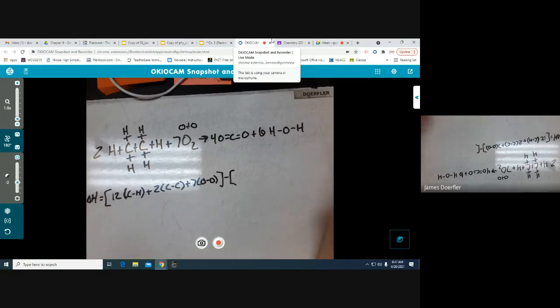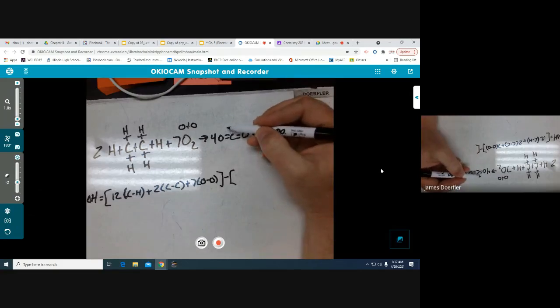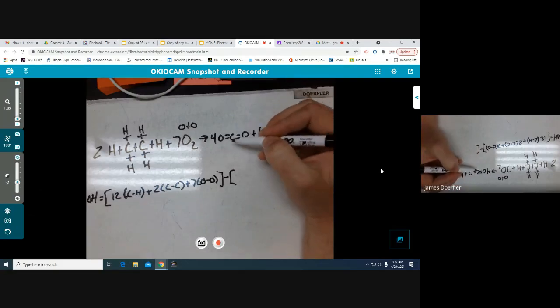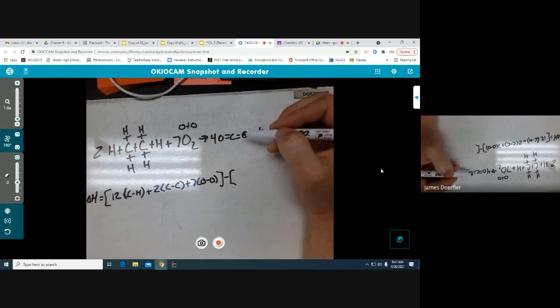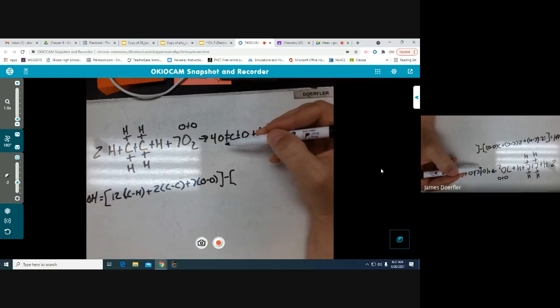So let's move on to the products. These are bonds being formed. So we do it one at a time. Here we have a carbon to oxygen double bond. We've got 2 of them per molecule. But how many of these molecules are present? 4.